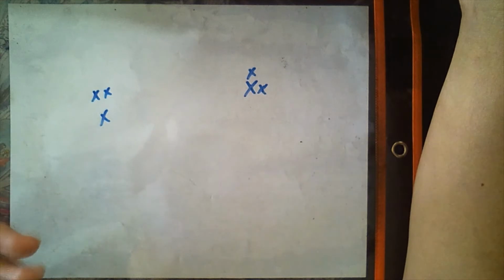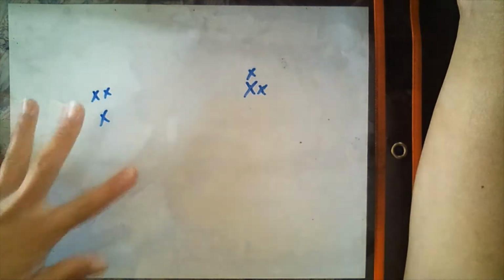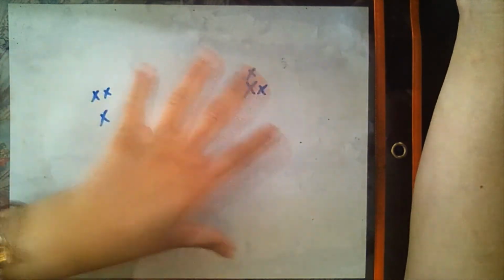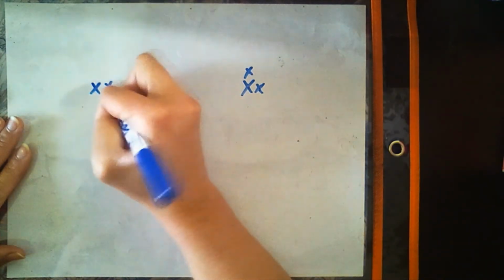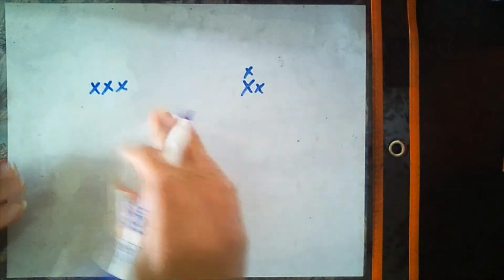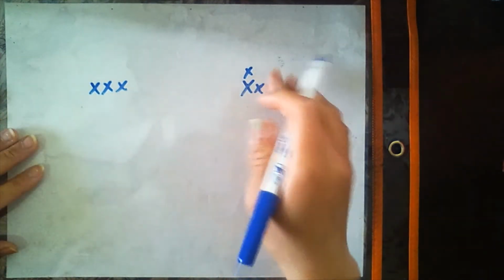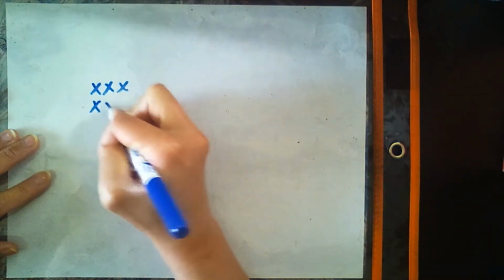We will do this by making them go straight across instead of in individual cluster groups like this. So watch. That's a row, and we made them go from left to right in a straight line. Let's go ahead and do the same for these friends. Wonderful.